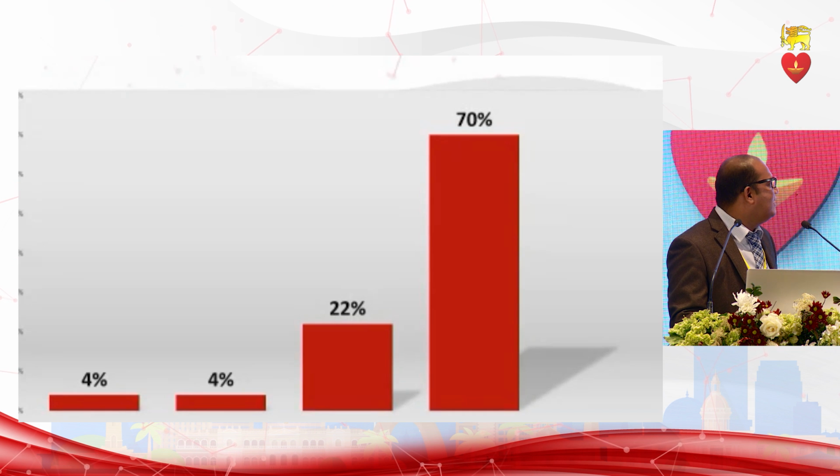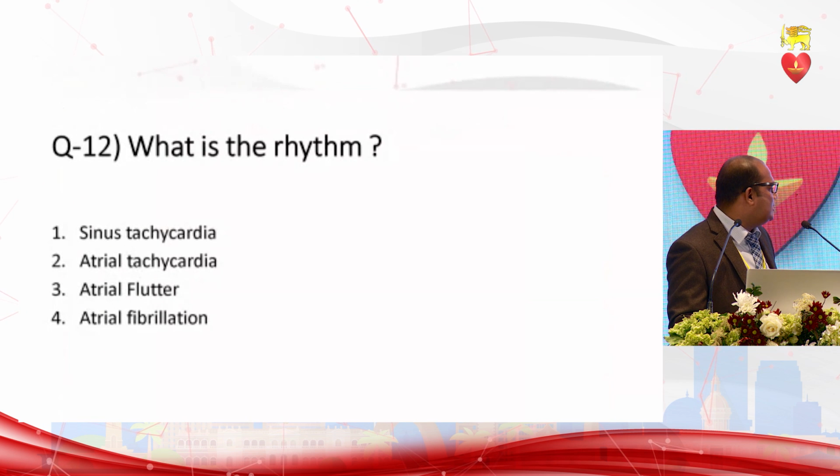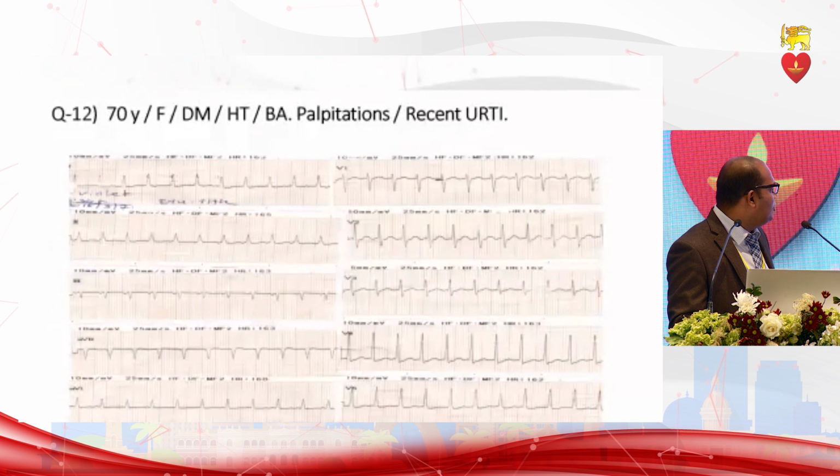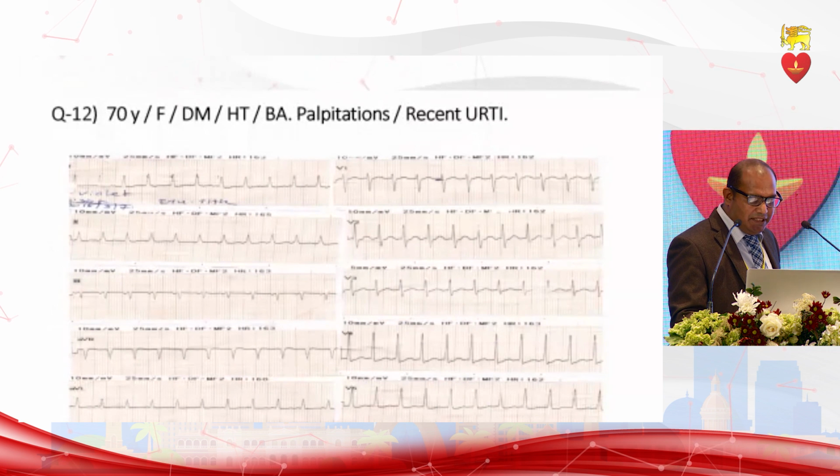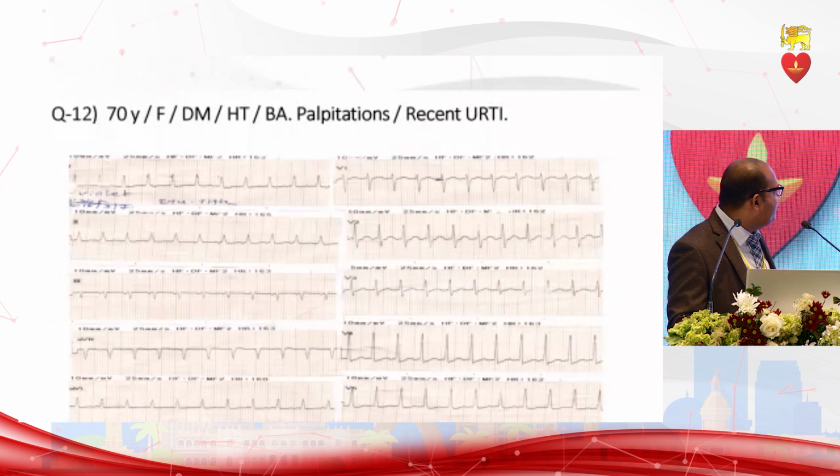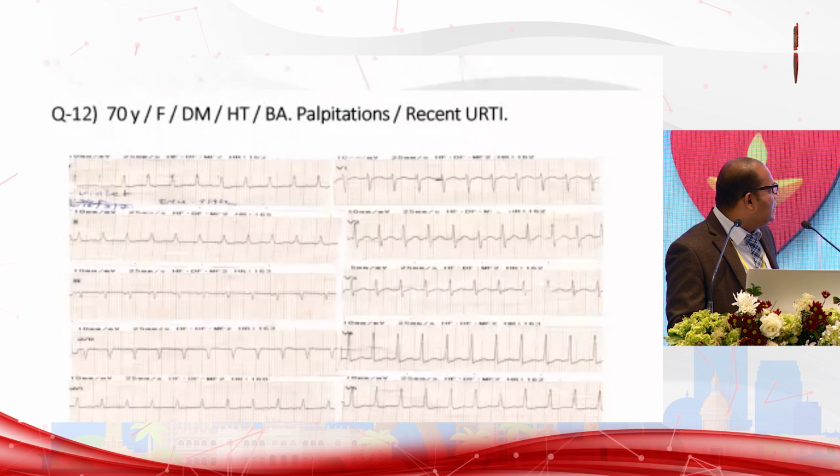Most have opted for answer 4, which is atrial fibrillation. However, in this slide, if you look carefully, you can see very nice, well-demarcated P waves, even though in lead V1 it's not very clear. So it's understandable that the ECG can be challenging.